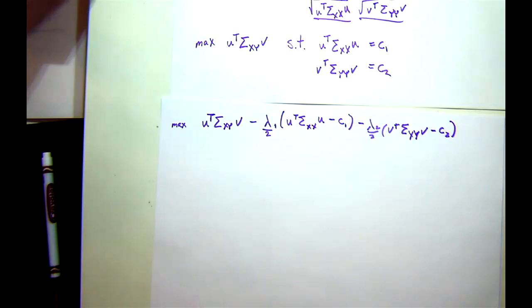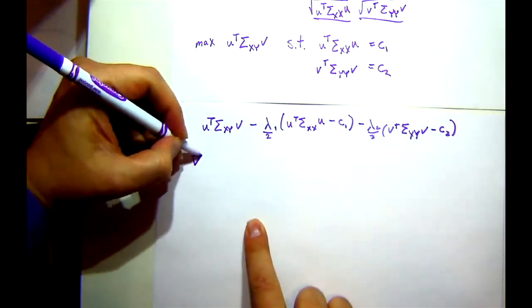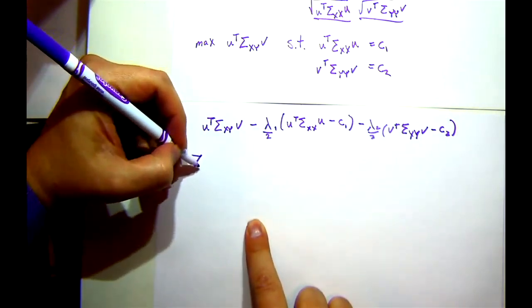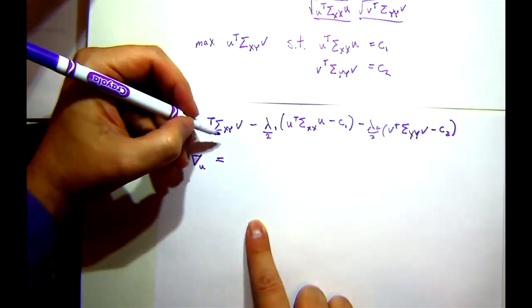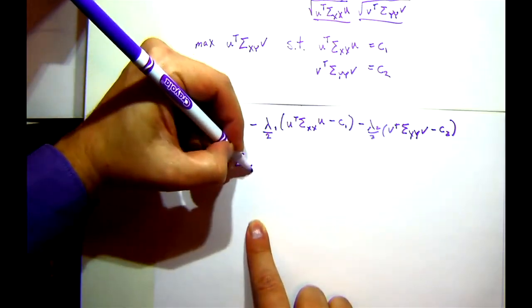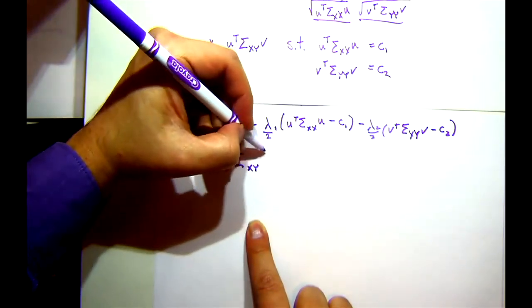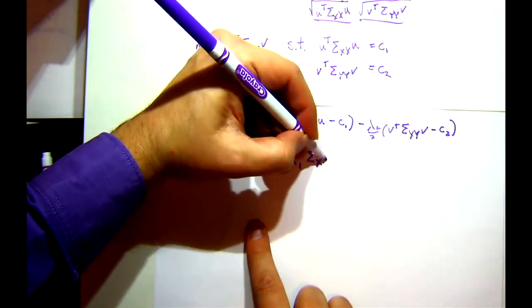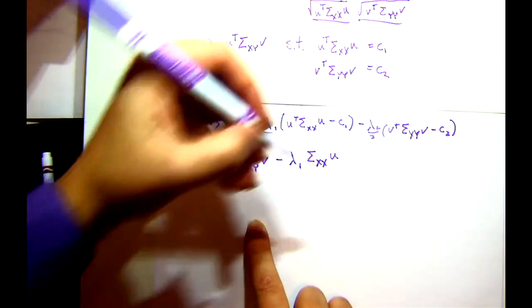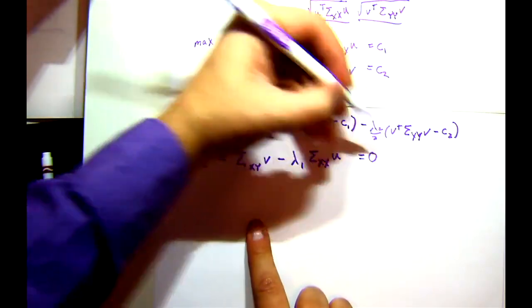Now we need to minimize this. Sorry, we're going to maximize it, not minimize it, using our standard technique where we take the derivative, set it equal to 0. We need the gradients to calculate that. So the gradient with respect to u of this whole thing comes out to be sigma xy v minus lambda 1 sigma xx u, and we're going to set that equal to 0.